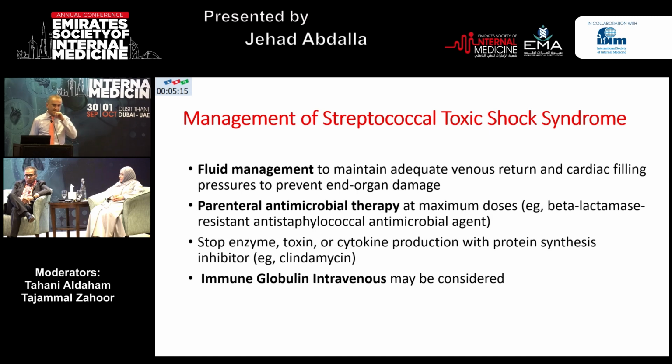Usually we give 600 Q8, but now we give 900 Q8 to stop the toxin production. If you are still suspecting gram-negative, which is rare, you can add either meropenem or piperacillin-tazobactam. Finally, in certain conditions with a non-responding patient, you might give IV immunoglobulins.